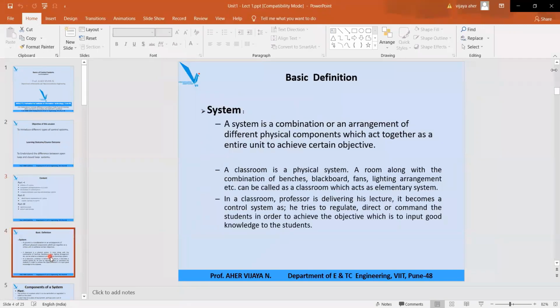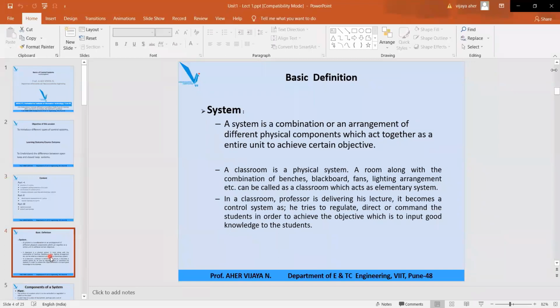So let us start with the basic definition of control system. What is meant by system? First, system means a number of elements, a number of components all together is nothing but your system.